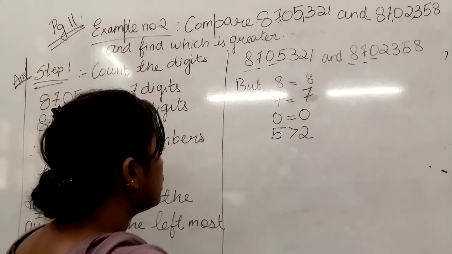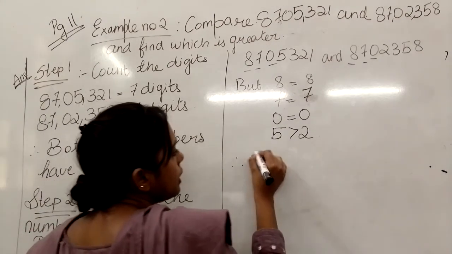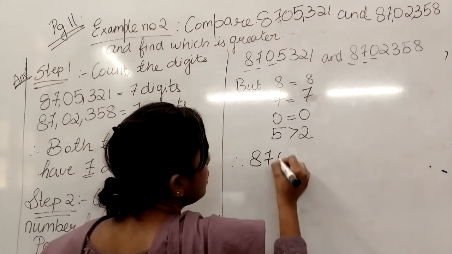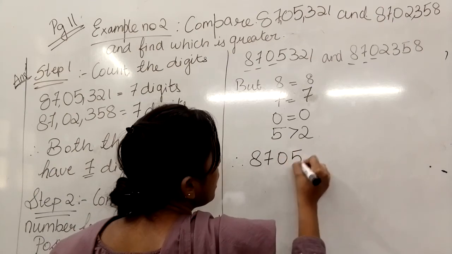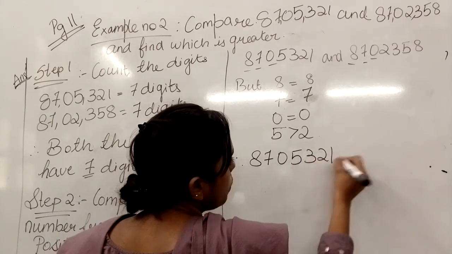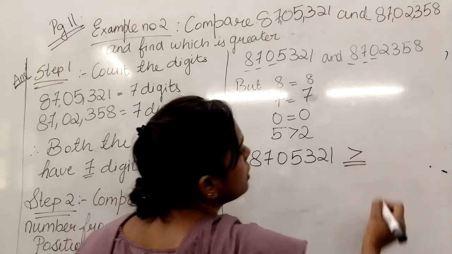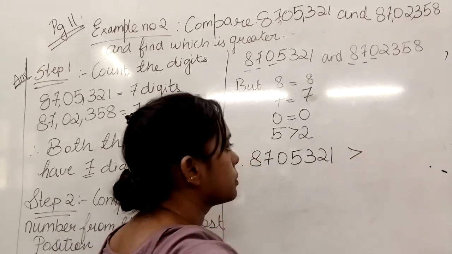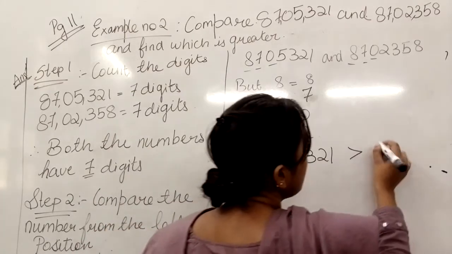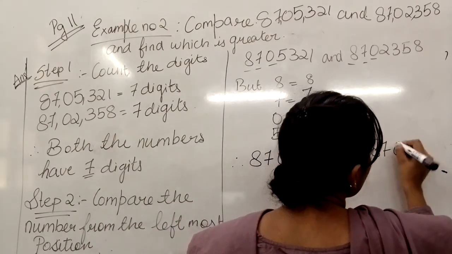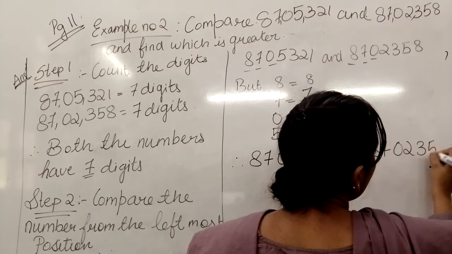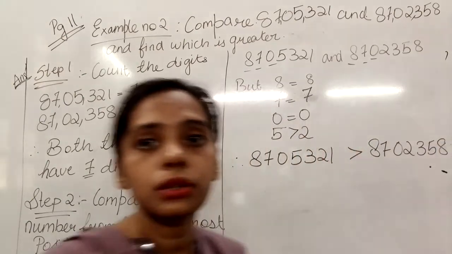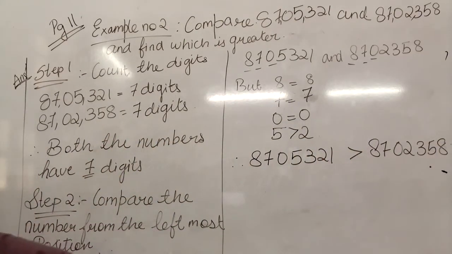This number. So what will you write? Therefore 87,05,321 is greater than 87,02,350. Okay. Am I clear here?